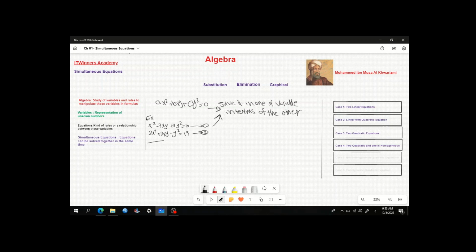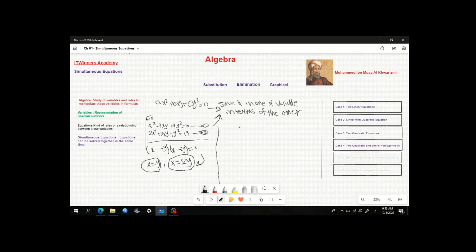So I can solve it in terms of x or y. I can write this in this form: (x minus y)(x minus 2y) equal to 0. So x equal to y or x equal to 2y. Now I can substitute these in the second equation.